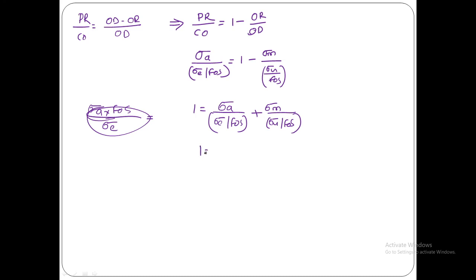Now FOS comes on the numerator. Is it coming on the numerator or denominator? Please give the answer.